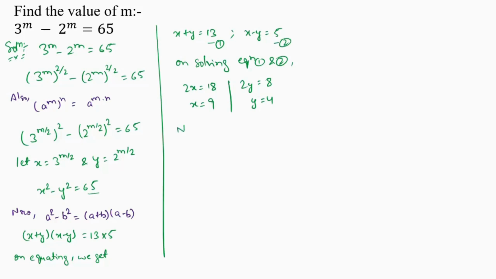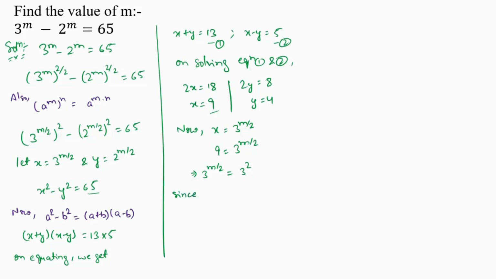Now as we have assumed x is 3 raised to power m by 2, so let's put x equals to 9, so 9 equals to 3 raised to power m by 2. We can write this as 3 raised to power m by 2 equals to 3 raised to power 2.